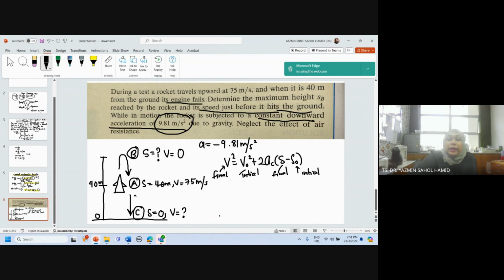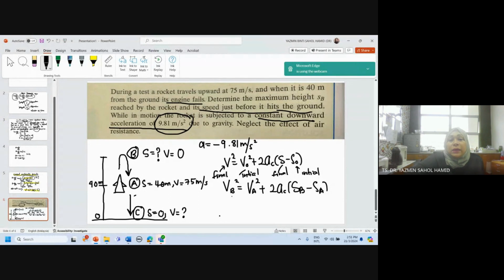A and B, A and C, or B and C. So from here, the position that you need to choose, of course, will be B. And the variables that we have that is complete is A. So our final will be VB, and our initial will be VA. Okay, that's how you decide. And our S will be SB, and our initial will be SA. Okay, because it relates with two equations.